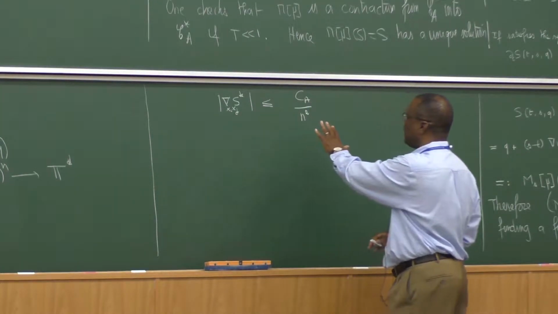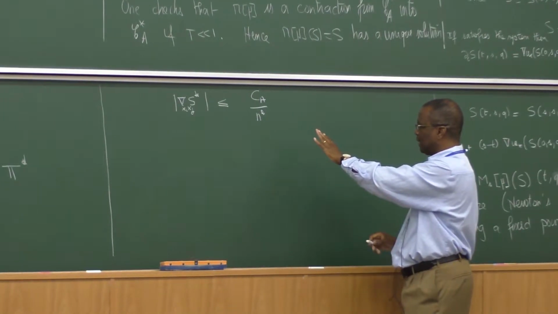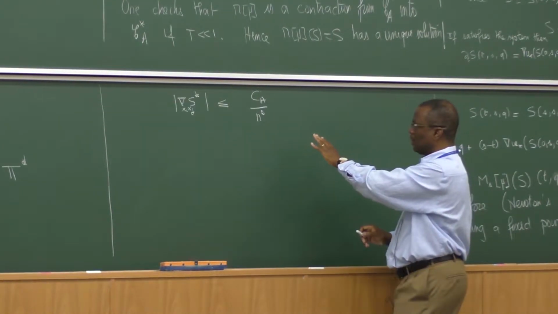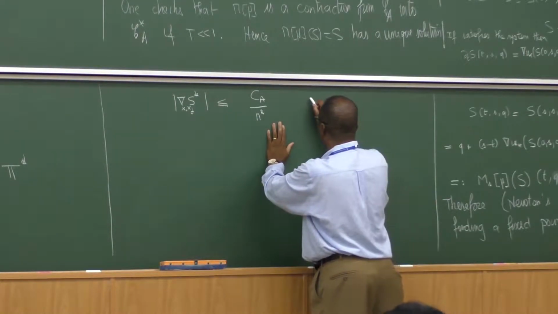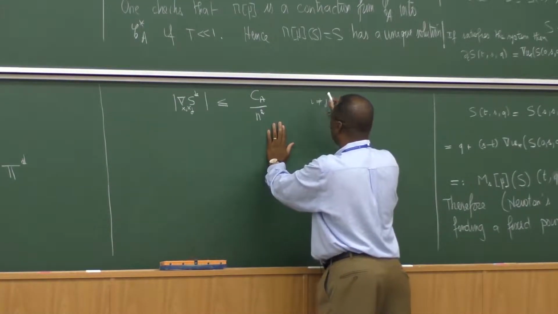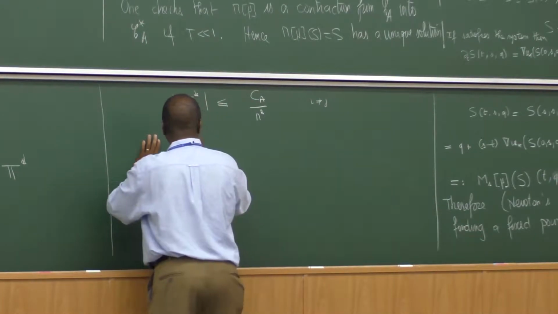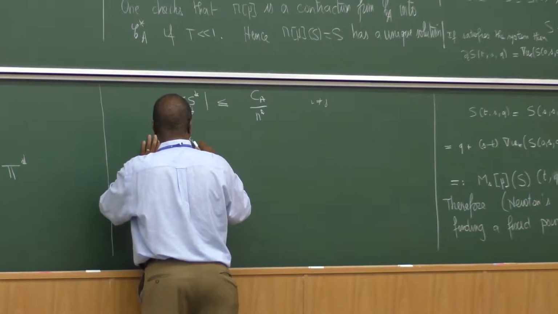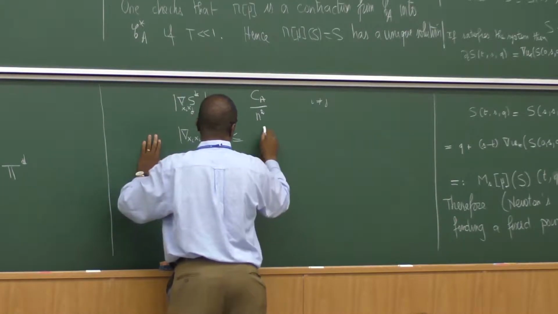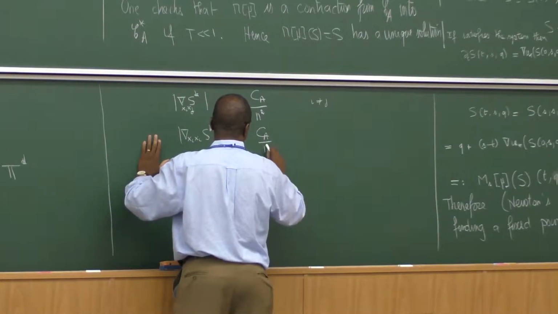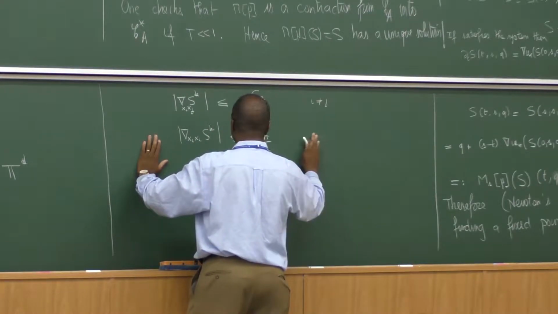So this scaling is the correct scaling. If I have a two derivative, this scaling is the correct scaling, for i not equal to j. And the gradient of S_i, S_k is less than C_A divided by n if i is j.